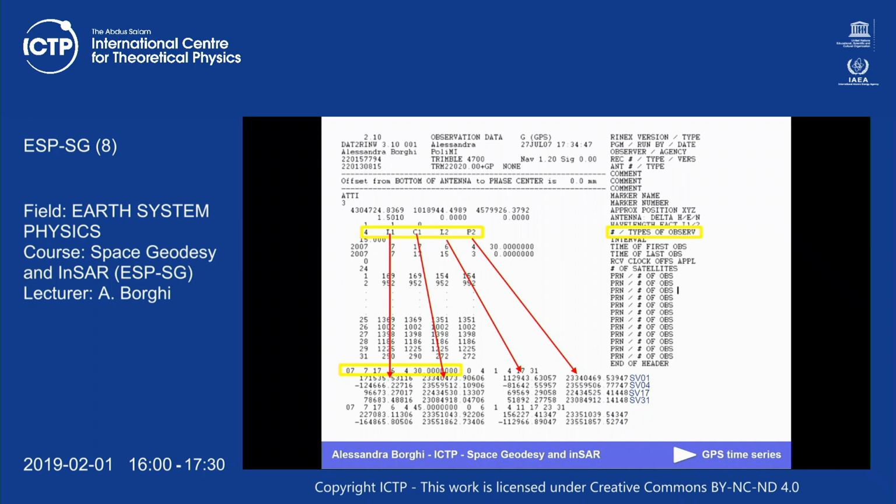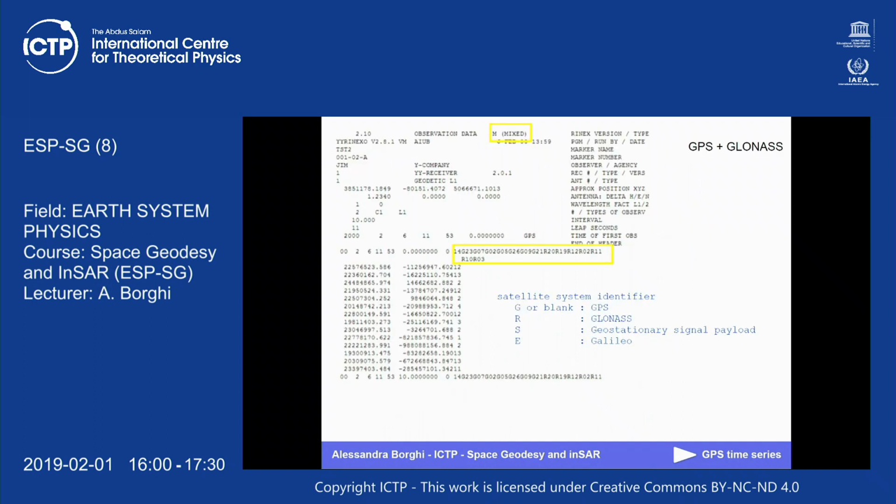So this is the format to exchange data. In the repository, in the database, if you look for raw GPS data, meaning not processed time series, you find RINEX data. This file is just for GPS. This is an example of a file with GPS observations plus GLONASS.